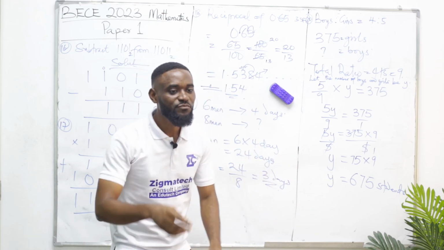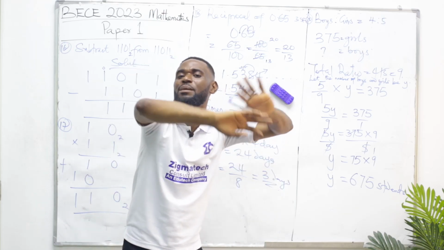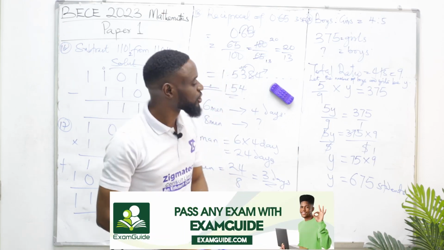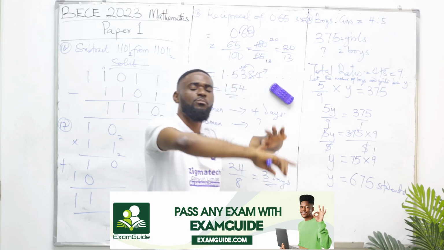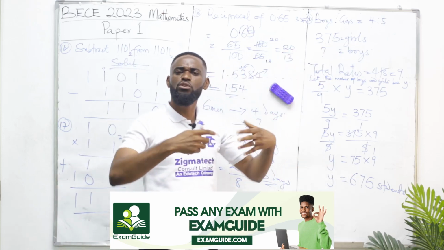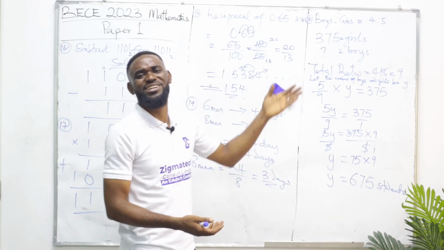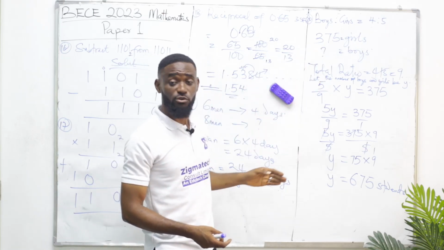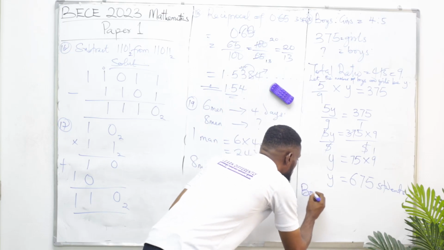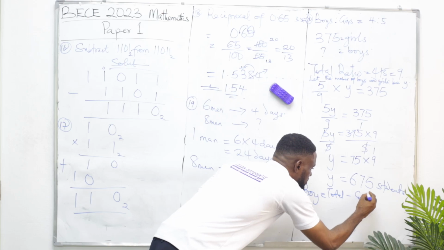The question is how many boys, not what is the total population of the students. Since we have gotten the total number of students and we have the total number of girls, what do we do to get the number of boys? We simply subtract the number of girls from the total number of students, and we have boys. So boys will be equal to total minus girls.